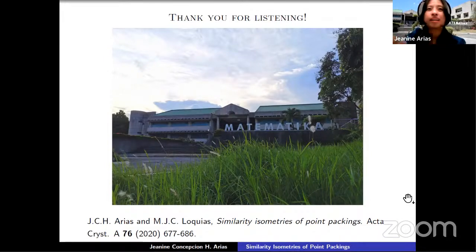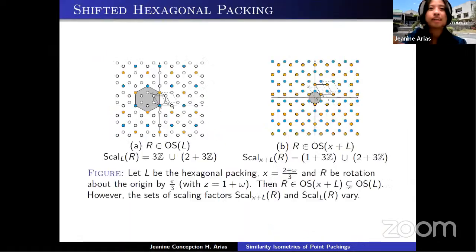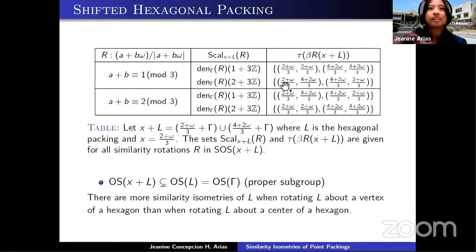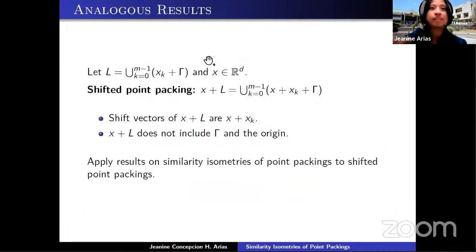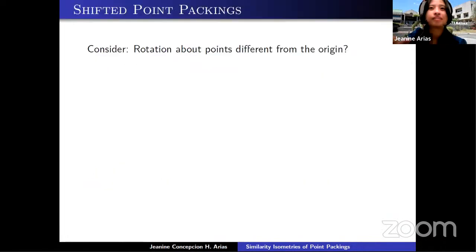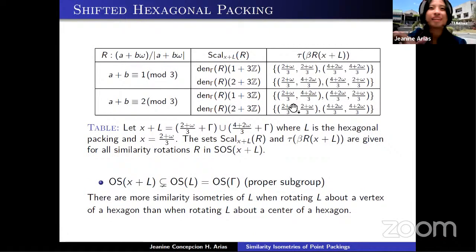For the diamond packing, we were able to solve for the set of similarity isometries and the scaling factors and the denominators, similar to these tables.